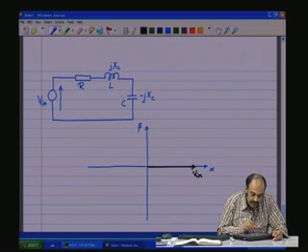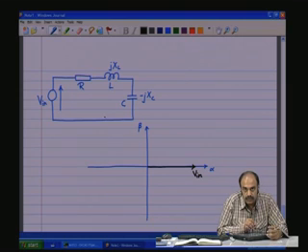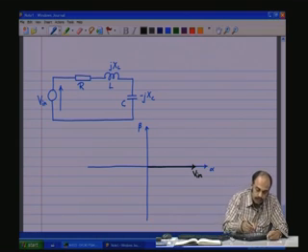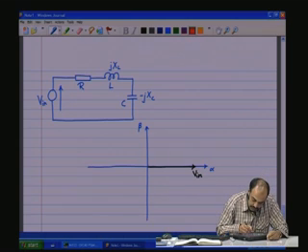If the inductive and capacitive reactances are the same, then it is going to be in phase, because R is the only impedance. If the inductance dominates, then the current is going to lag. If the capacitance dominates, then the current is going to lead. Now, let us say for example, the capacitance dominates, which means the current is going to lead.